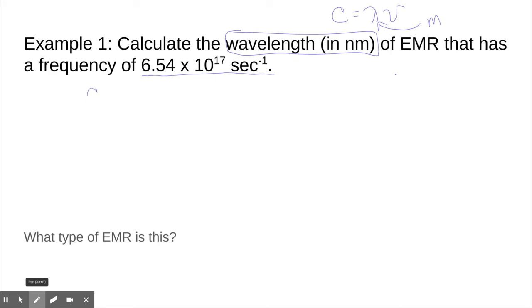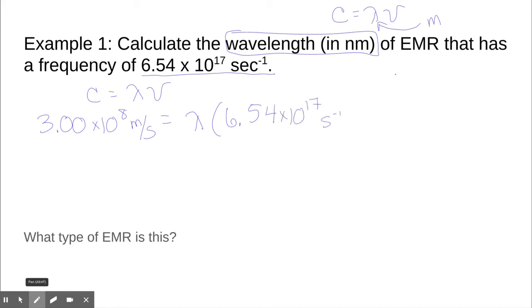It is fairly straightforward, except for the conversion between meters and nanometers. So I just start plugging my numbers in. c is 3.00 times 10 to the 8th meters per second, and that is equal to the wavelength times the frequency, which is 6.54 times 10 to the 17th seconds to the -1.